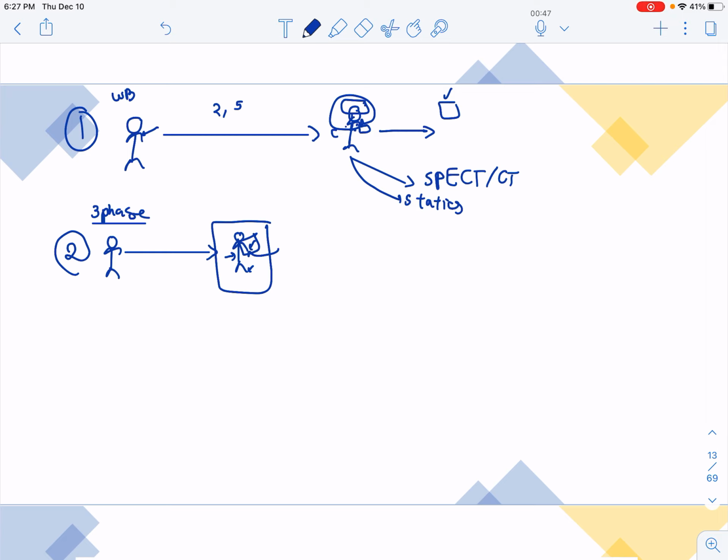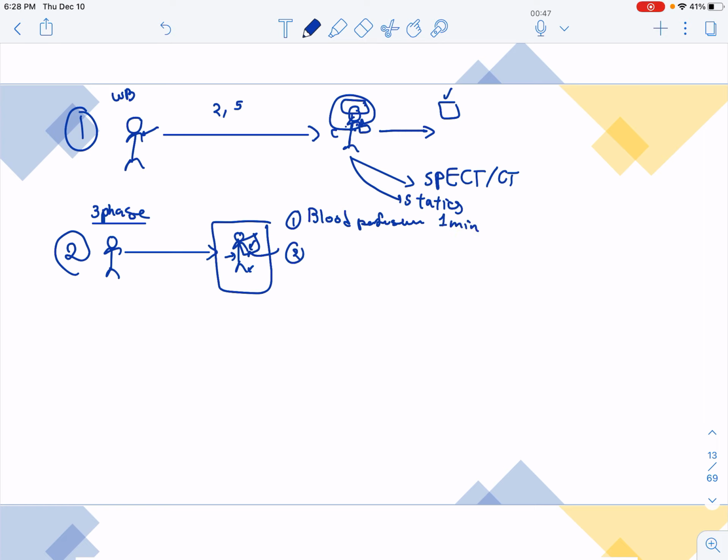Remember, it's called 3-phase. In the first phase, we want to see how the blood flows to the region, or we can say blood perfusion. The second part, after this, takes just a minute.